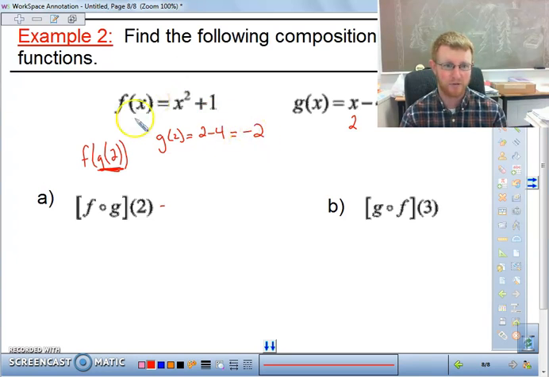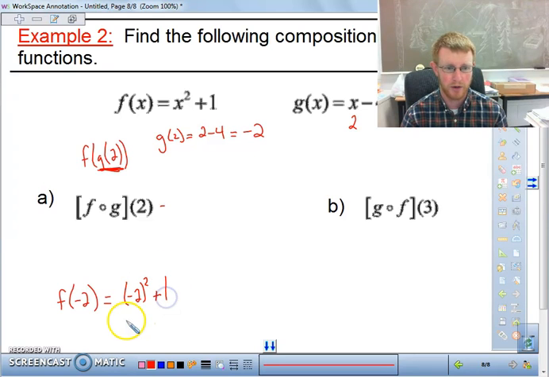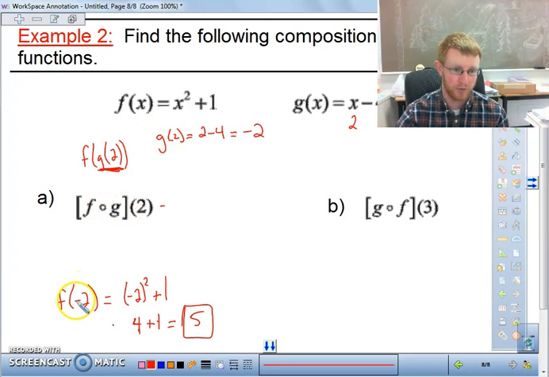So if that's equal to negative 2, then instead of g of 2, we can now write f of negative 2, because that's what g of 2 is equal to. So now we plug in the negative 2 for x, and we get negative 2 squared plus 1. So negative 2 squared is 4, plus 1, is equal to 5. Okay, so if you figure out what your g of 2 is first, that will tell you what you're then going to plug in for your f.